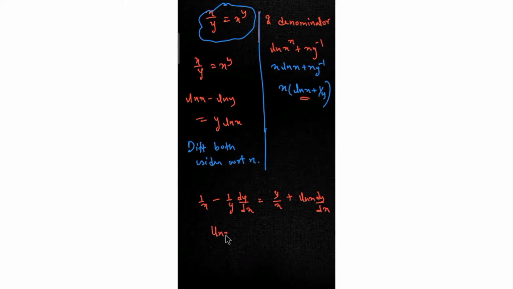So ln x dy by dx plus 1 by y dy by dx is equal to 1 by x minus y by x. So as per the goal that we had kept, we need to get this term, that is ln x plus 1 by y. So that's what we have got, right? If I take the dy by dx common, I would get ln x plus 1 by y.